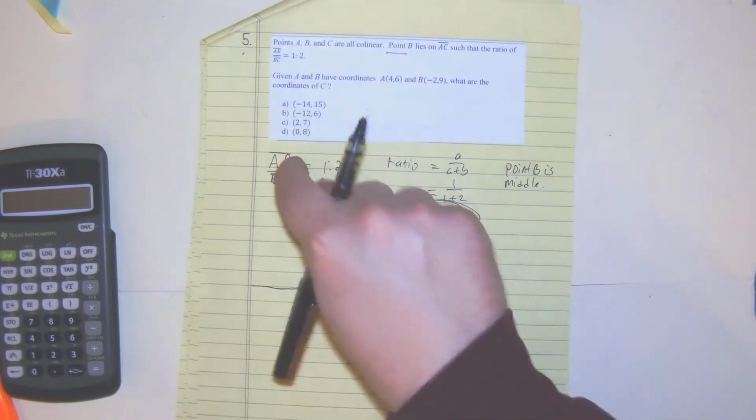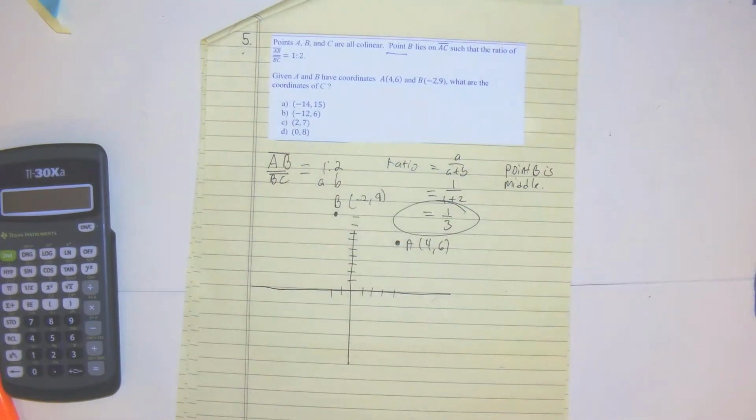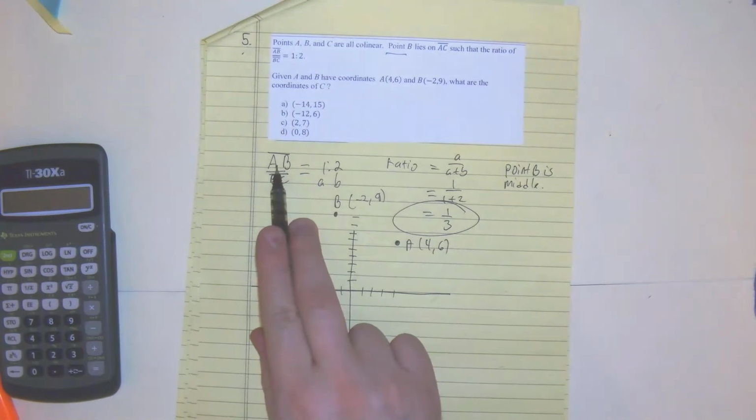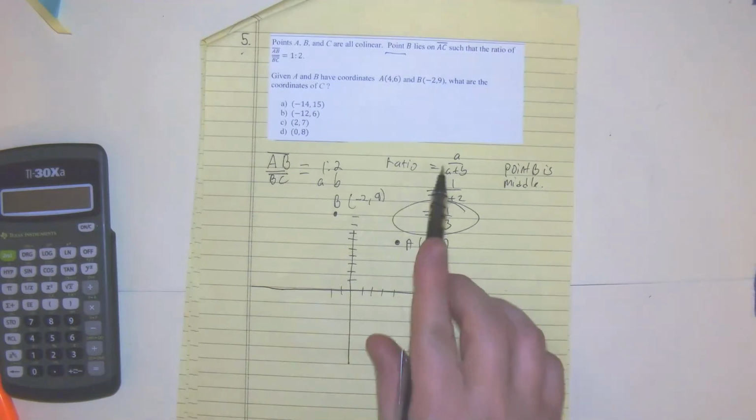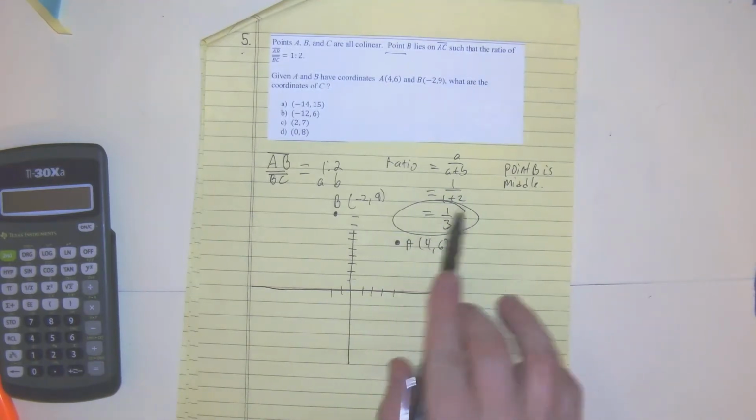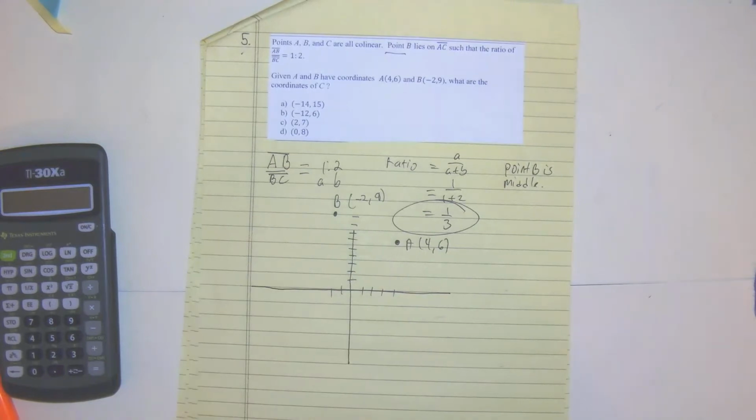So we need to use this ratio they gave us. They're saying A to B is half, because right here the ratio is there's 3 sections. So this is half the size of BC.